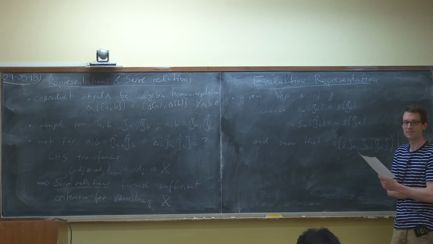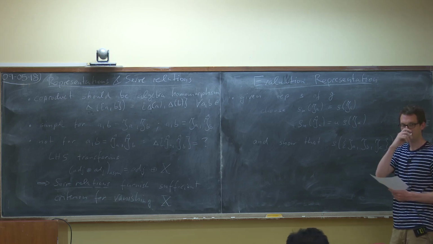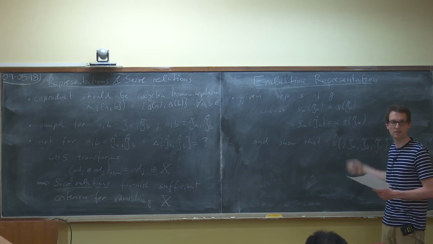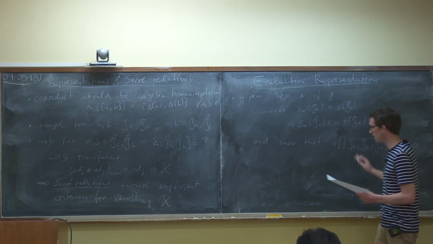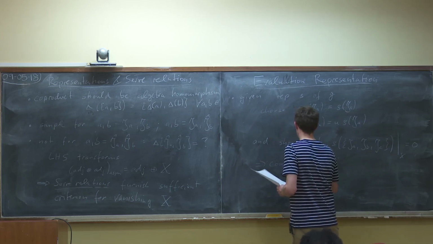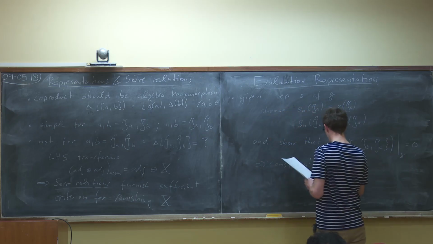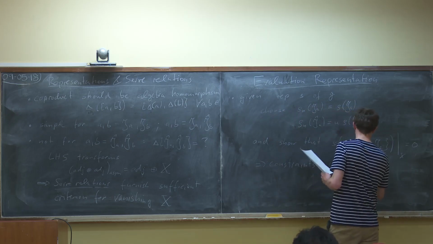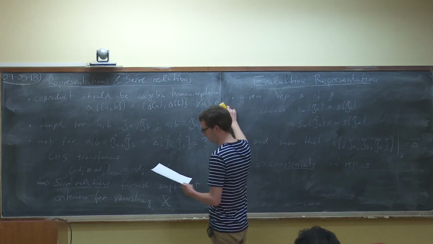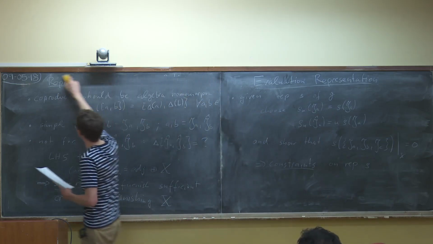Let me try to evaluate what the statement is. Yes, I can plug this into the cell relations and see what I get. Okay, the statement here is just that this gives constraints on the representation of the Lie algebra rho that can be lifted to such a Yangian representation.